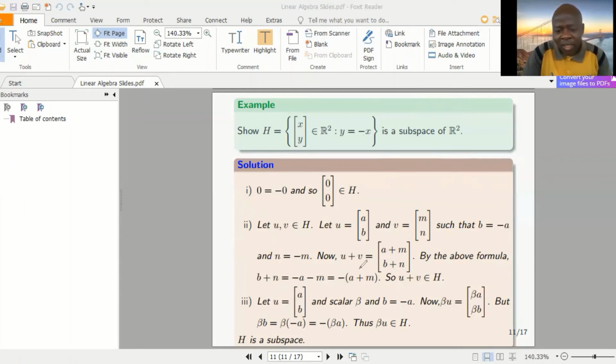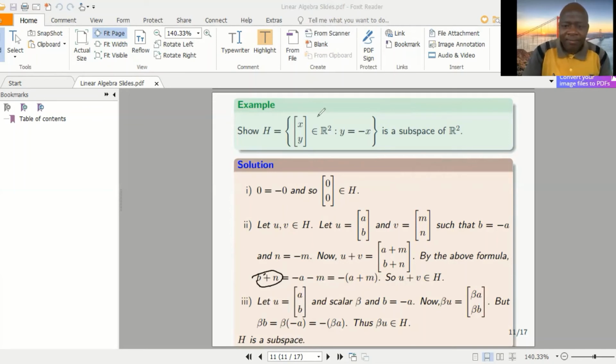I took the second element, and instead of b, I write negative a, and instead of n, I write negative m, and then factor negative 1 outside. That is what I have: the second element is the first element times negative 1. And so, u plus v is in H.